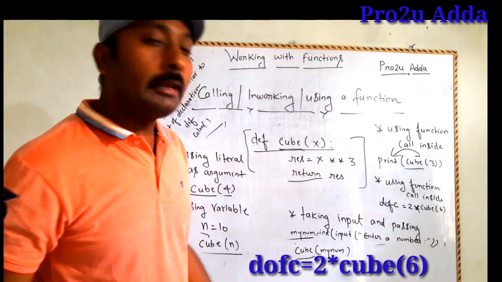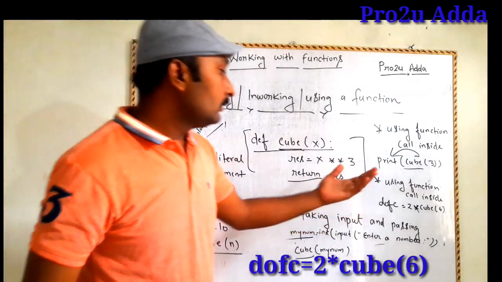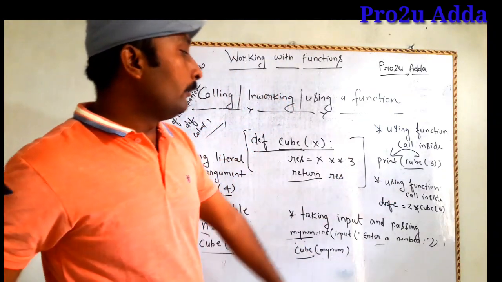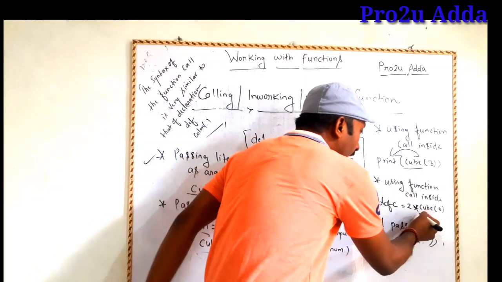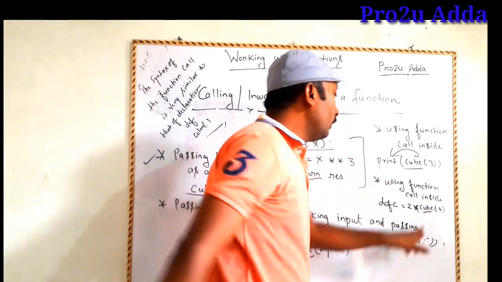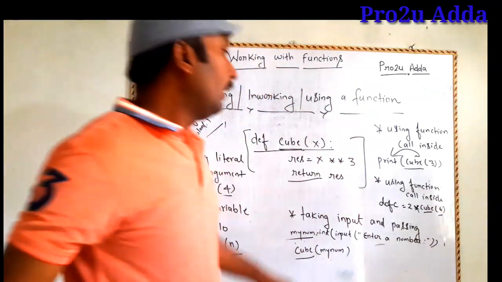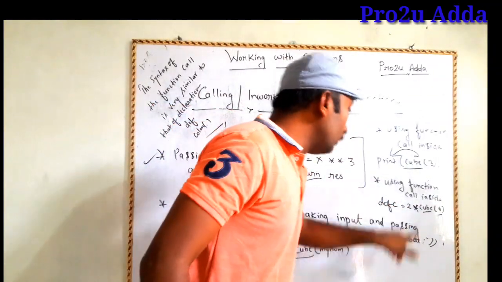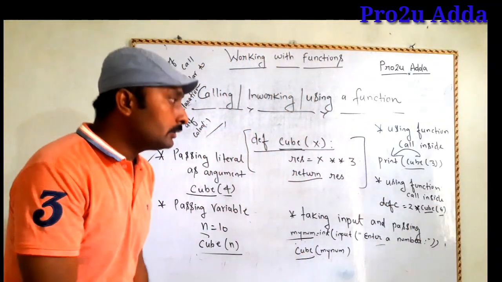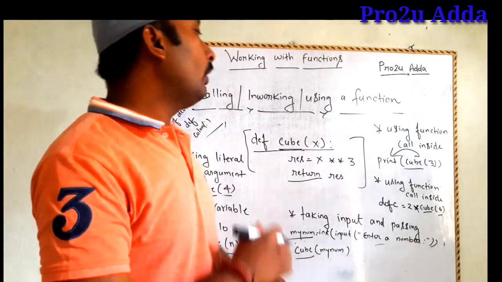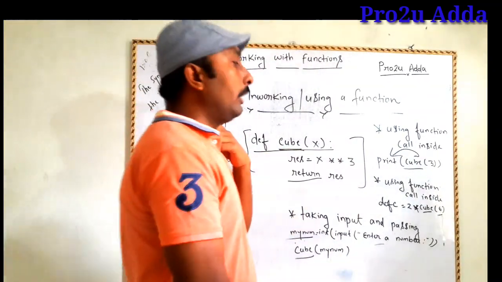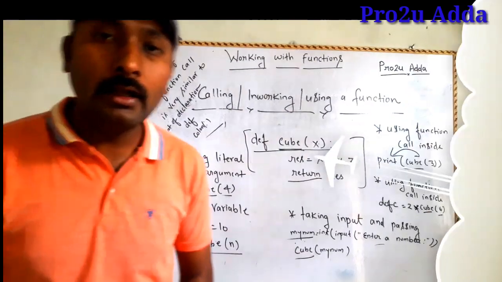What will happen? Tell me what will happen. Yeah, surely. Firstly, the cube function will work, meaning on the value contained here, which is 6, and after that it is 2. Then whatever value comes after cubing, whatever you pass, will be multiplied with this, and finally you will get the output.